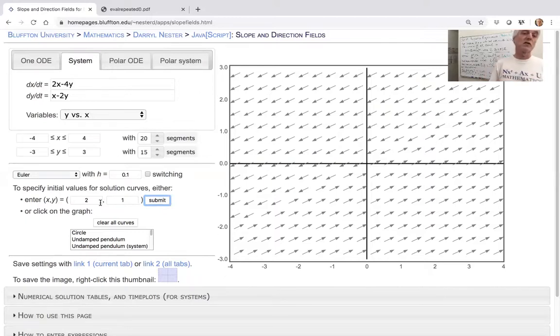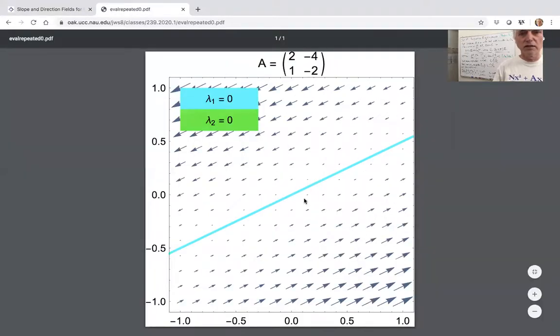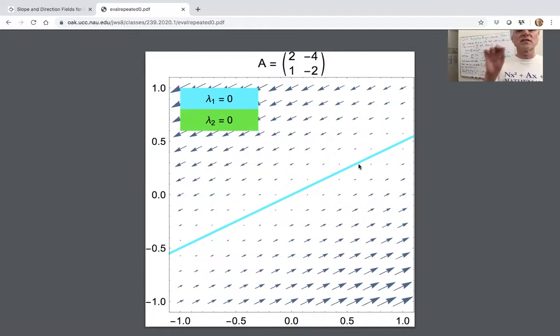So that's a special thing with these. If the eigenvalues are 0, 0, there's a lot of solutions that are constant solutions. Everywhere along this eigenvector line, this blue, cyan line, is an equilibrium point. X prime equals Ax, and the solution starting on this line is x of t is a constant.